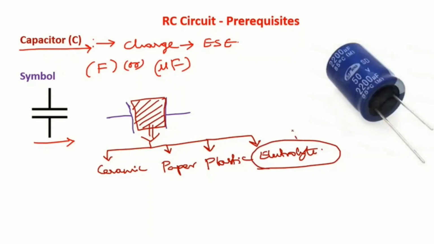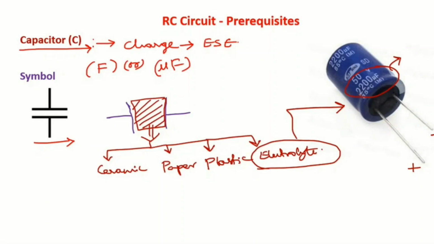This is the electrolytic capacitor, and if you look at it, there are two leads, 1 and 2, and one lead is longer than the other. The longer lead represents the positive terminal, and the shorter one represents the negative terminal. On the other hand, we can see a number on this capacitor in microfarad. This represents the capacitance value of this particular capacitor.